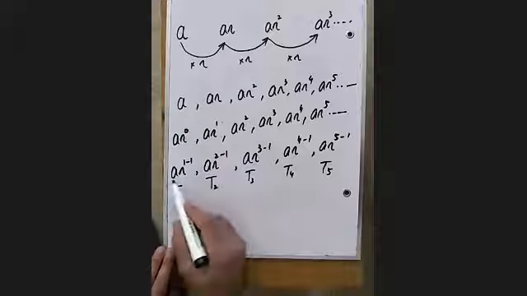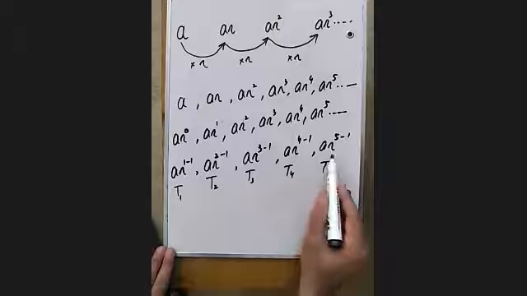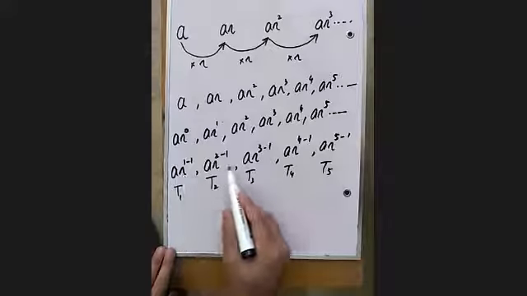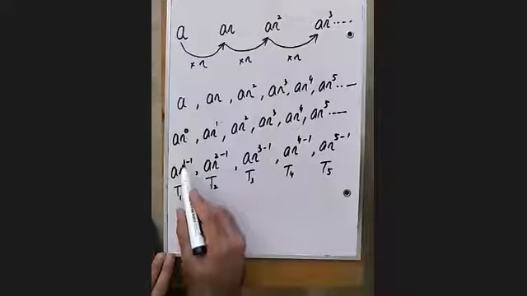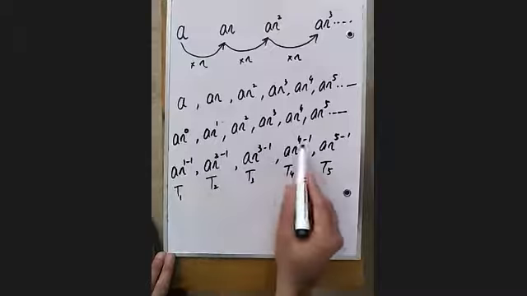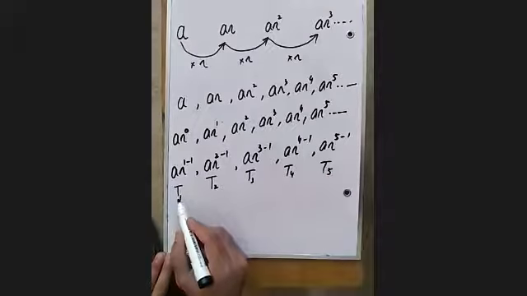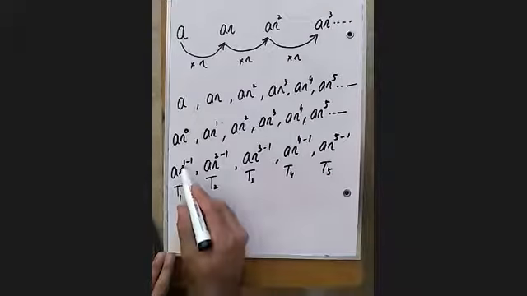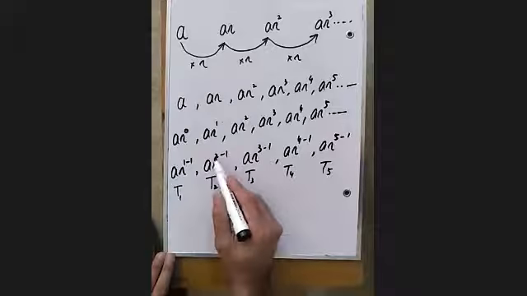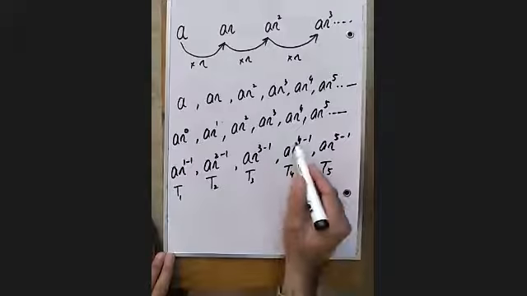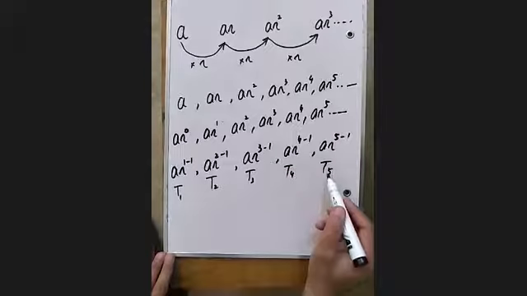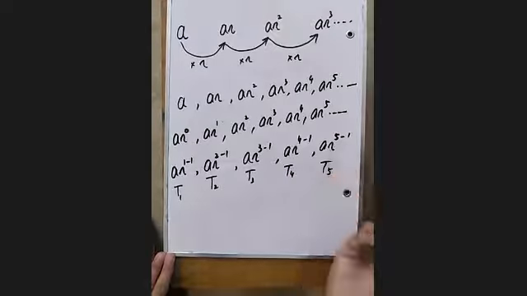So you can see this a is common in each term, r is common in each term. What is going to be changing? The number before the minus: 1, 2, 3, 4, 5. When you have the first term, it is 1. When you have the second term, it is 2. Third term, it's 3. Fourth term, it's 4. Fifth term, it will be 5.